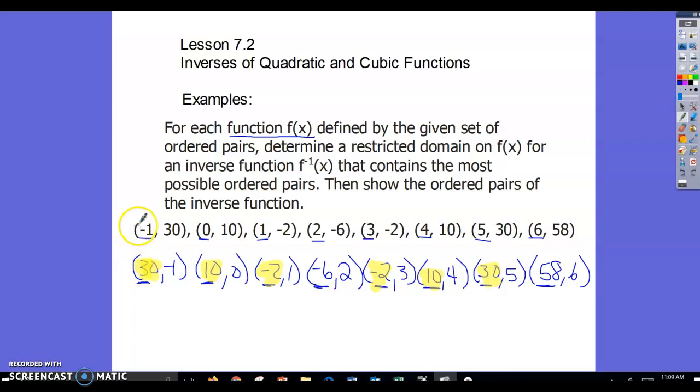If we get rid of the first 3 ordered pairs, then we're going to get rid of the first 3 inverse ordered pairs, and now it no longer repeats. So our inverse function would be this on the restricted domain. Our domain for our f of x function would be 2, 3, 4, 5, and 6.